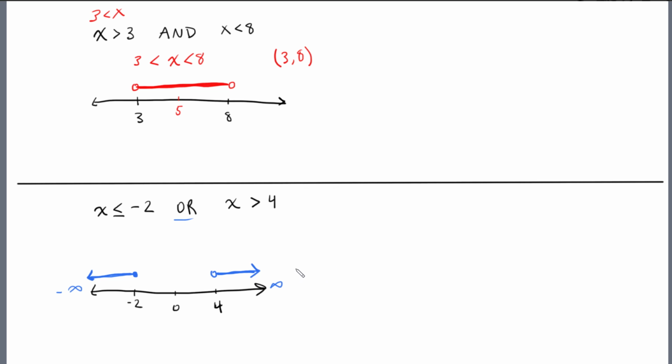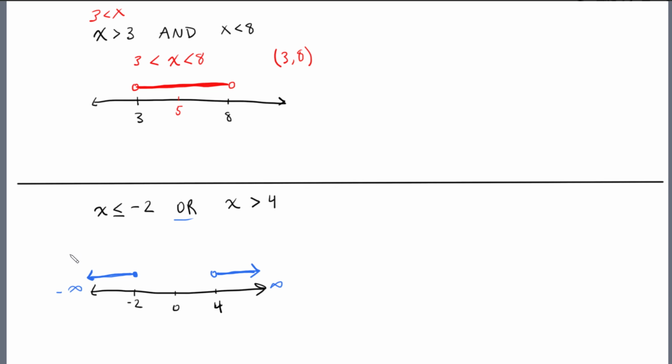Okay, now unlike an and statement where I have one shaded line segment and one single statement, or statements are pretty much always going to be two shaded pieces and two separate statements. Very rarely, I can't think of many cases in which you would have an or statement that you can write as one single shaded region.